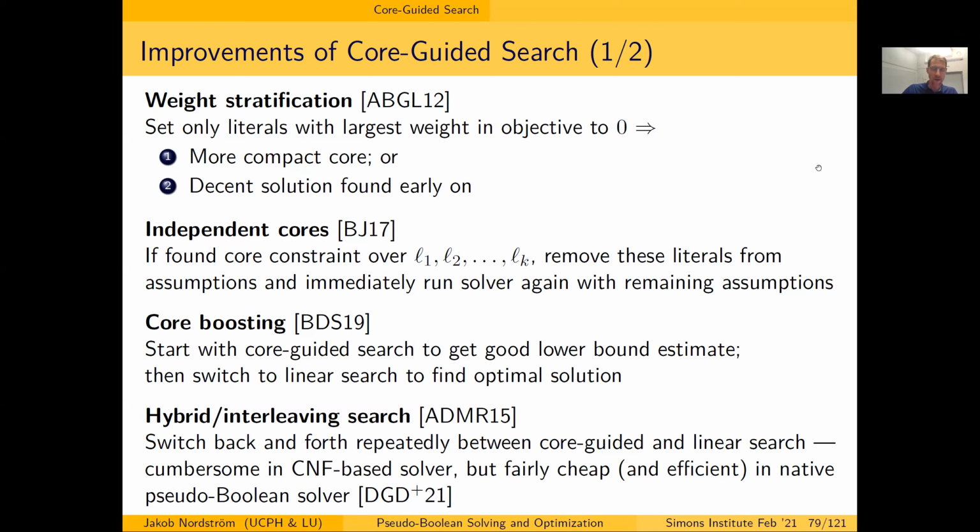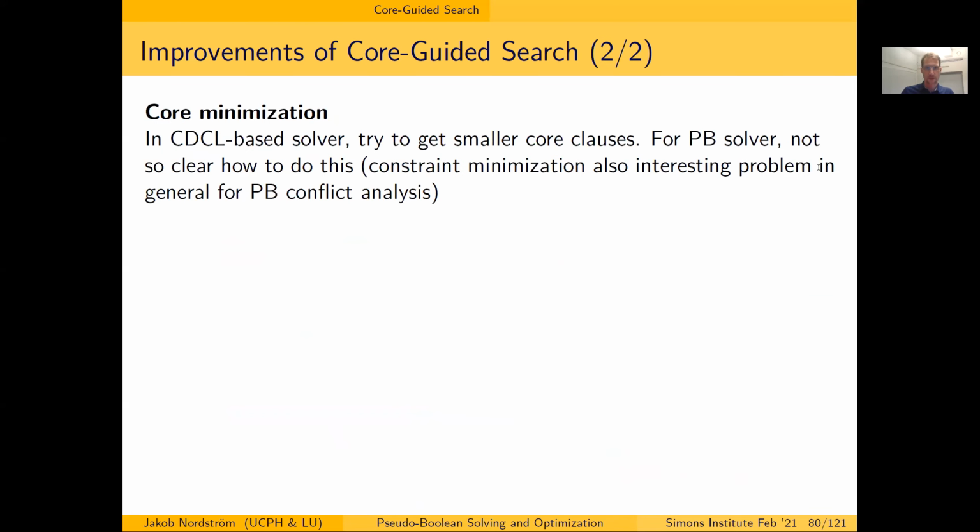So this is another advantage of native pseudo-Boolean solving. One thing that we cannot do in a pseudo-Boolean solver, at least not yet, but you can do in a CDCL solver: just as in CDCL conflict analysis you do clause minimization during learning, here you can also do core minimization, because the core that you learned is just a learned clause like any other clause. So you can try to minimize the core in different ways.